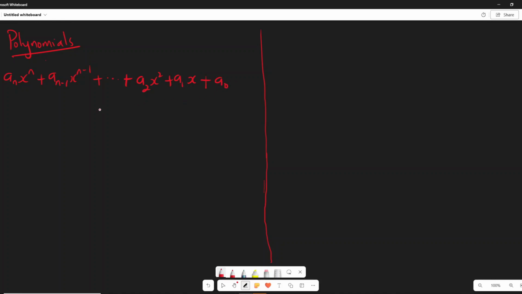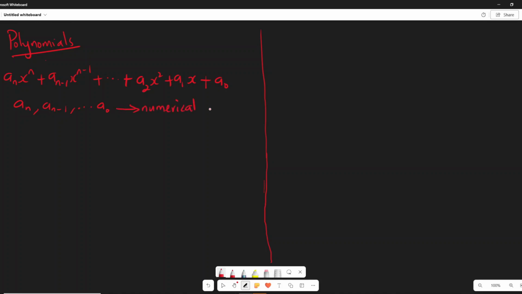Now, why did I write everything here? From when we have a subscript n, a subscript n minus 1, and up to a subscript 0, they are all numerical constants.